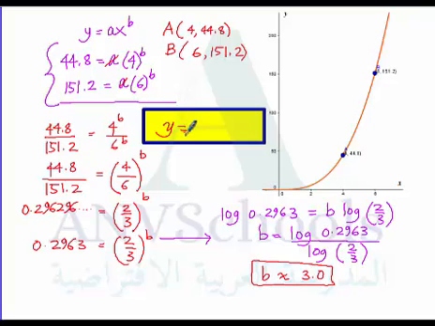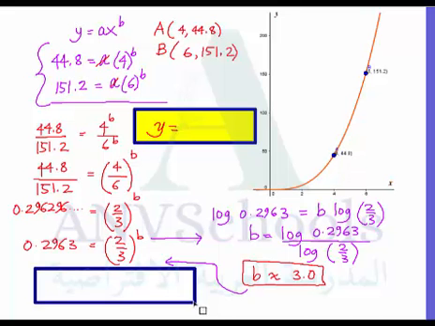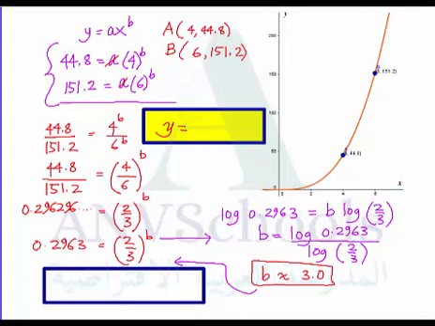Okay, how do we get our a? Just substitute b. So to get our a, we just substitute our b to any of the given equations. It could be 1 or it could be 2. So for purposes of convenience, we will use 1.